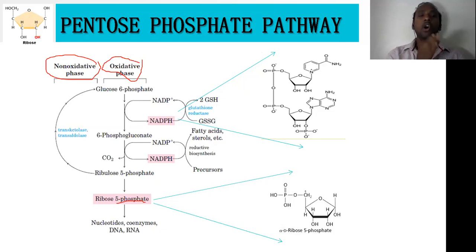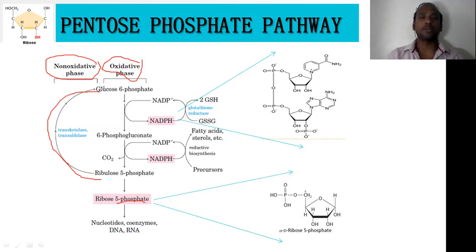Then come to the non-oxidative phase. For this non-oxidative phase, you should remember that it is involved only in the regeneration of glucose 6-phosphate, right? So the regeneration of glucose 6-phosphate takes place in the non-oxidative phase, so that enough glucose 6-phosphate is present.